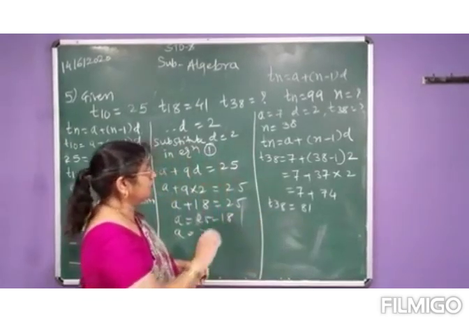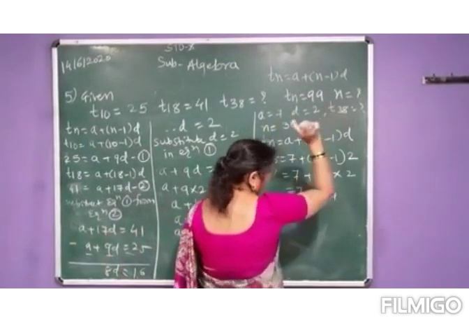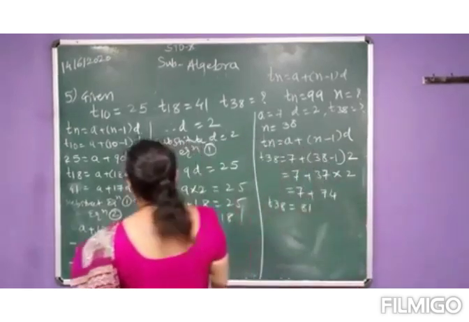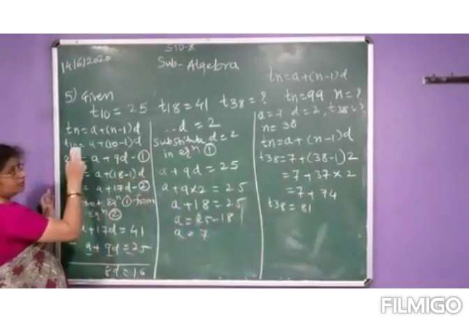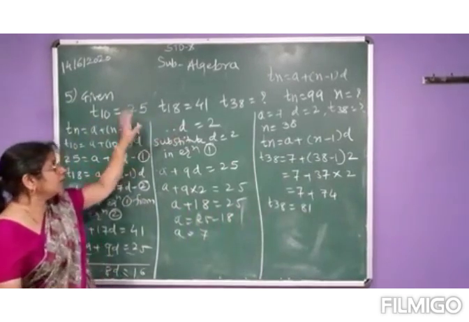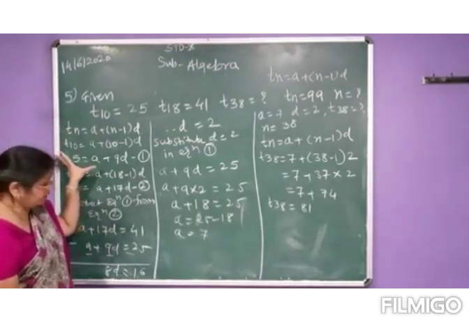Now, what do you have to find out? Now Tn is given, and you have to find out the value of n. Now, have you understood this? T10 and T18 were given, and by using the formula we got two simultaneous equations.